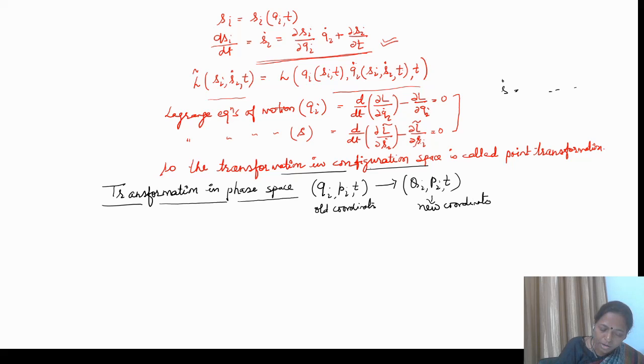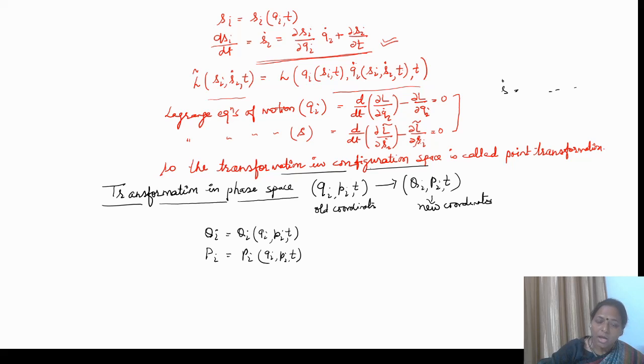Now what will happen? The transformation is like capital Qi is a function of small qi, pi and time, and capital Pi is a function of qi, pi and time.